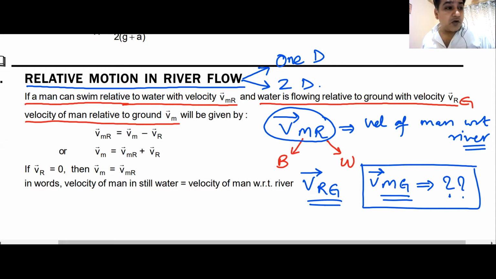Now, how are these three velocities related to each other? We already know the answer. Who is going to tell me what is the relation between the three velocities?